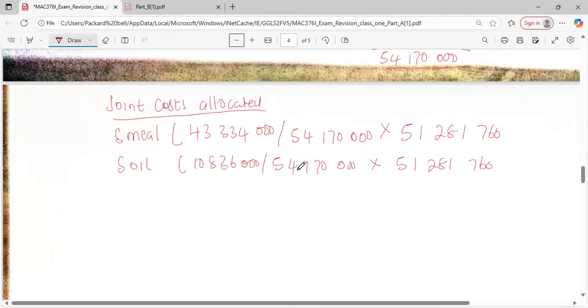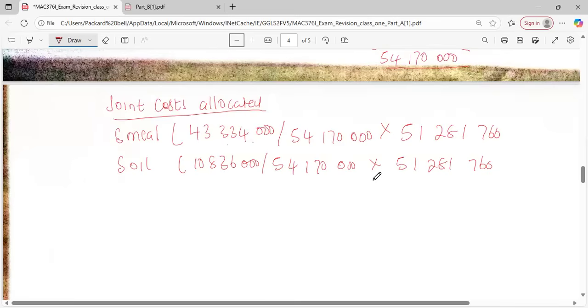But what are the ones for S meal? Are we correct here? Yeah. These are the joint costs. These are the sales value for S meal, and this is the total. Yeah, it's correct.